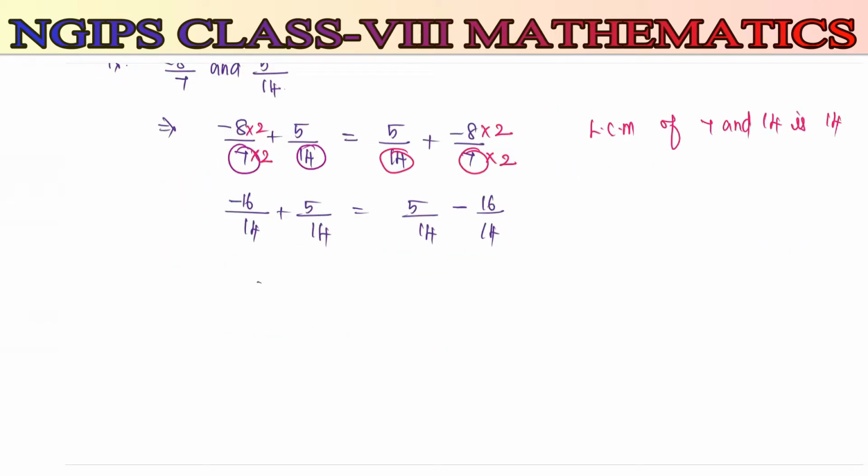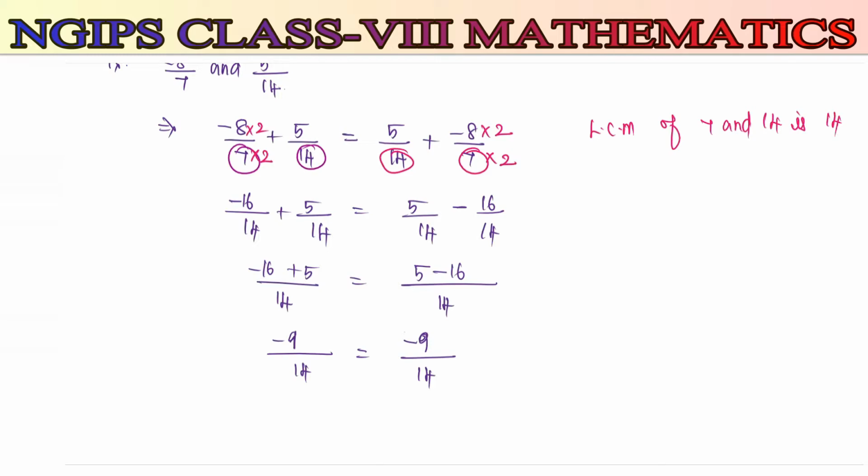Here the denominator is the same, so I can write it only once, 14, and minus 16 plus 5 is equal to, here on the right side the denominator is the same, 14, just I need to simplify the numerator 5 minus 16. So minus 16 plus 5, the value is minus 9 divided by 14, is equal to 5 minus 16, which is minus 9 divided by 14.